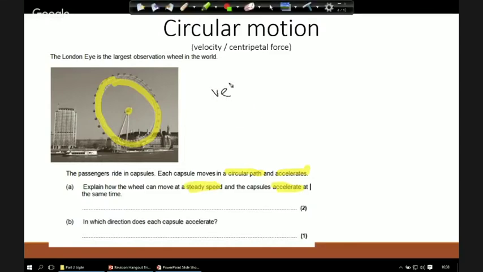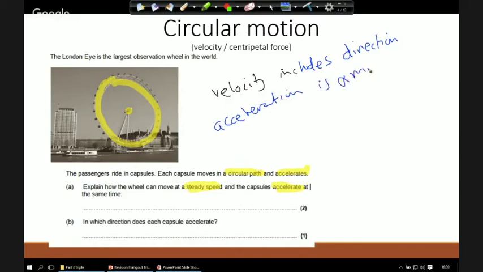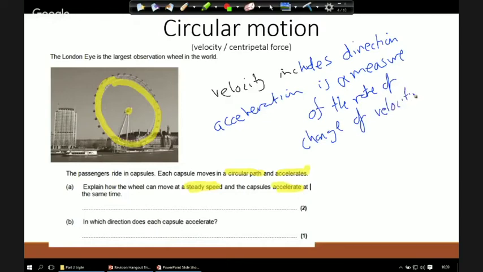So velocity includes direction, and acceleration is a measure of the rate of change of velocity.